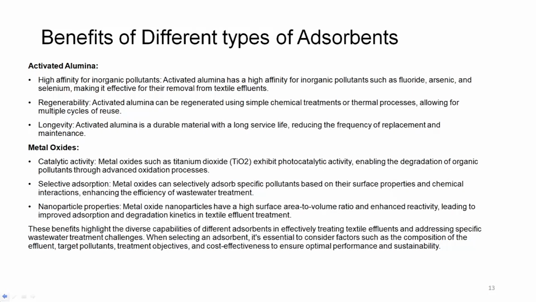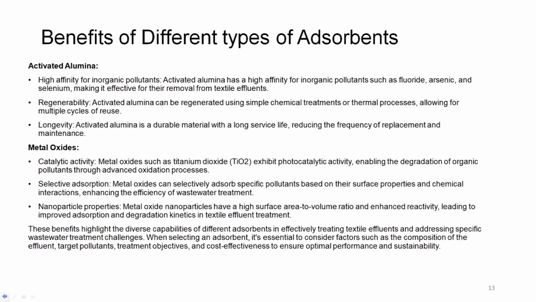Activated alumina: high affinity for inorganic pollutants. Activated alumina has a high affinity for inorganic pollutants such as fluoride, arsenic and selenium, making it effective for their removal from textile effluent. Regenerability.